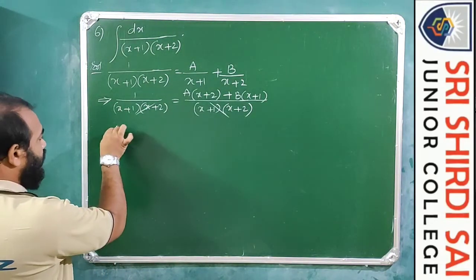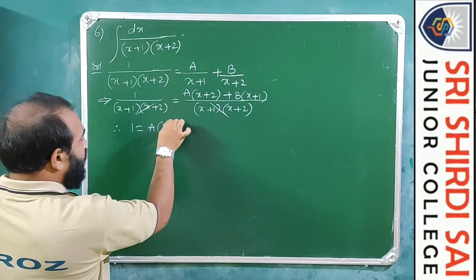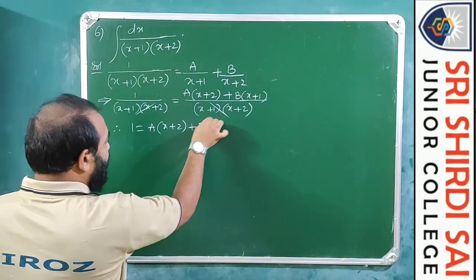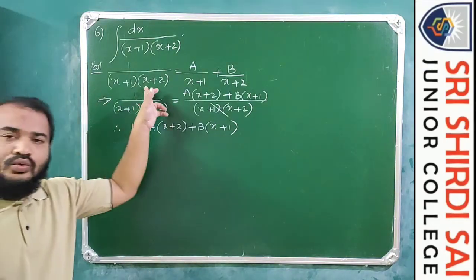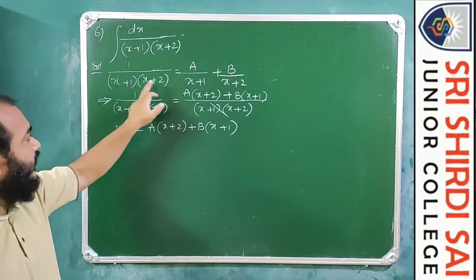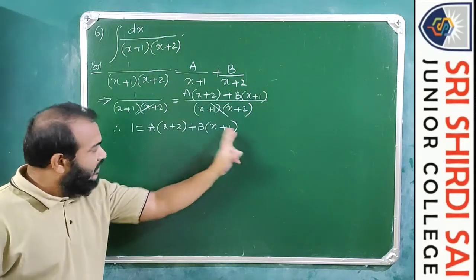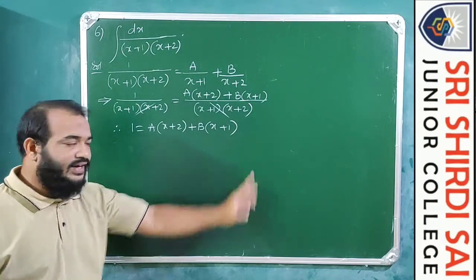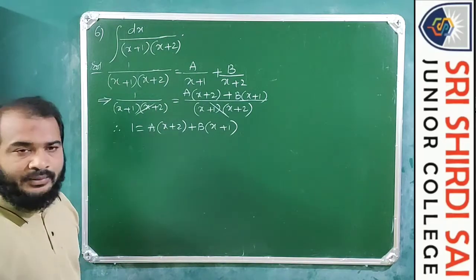Therefore 1 is equal to a into (x plus 2) plus b into (x plus 1). Here x plus 1 and x plus 2 are two linear factors. Equate them to 0, then we will get x equals minus 1 and x equals minus 2. When we substitute these in this equation, it gets satisfied. Then we will be getting the values of a and b.